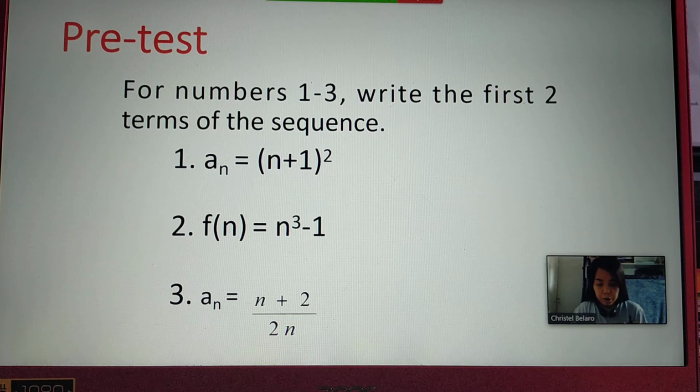Okay, what is your first term? Correct, it's 0. How about the second term? The answer is 7. Can you explain your answer? Okay, so this is the solution. Laureline's answer is correct, 0 and 7. Okay, 0 and 7, class. The second example is an example of terms. 0 is the first term, 7 is the second term.